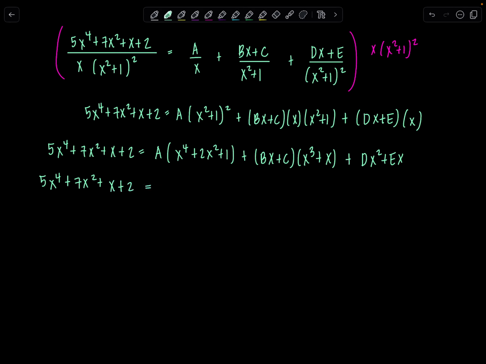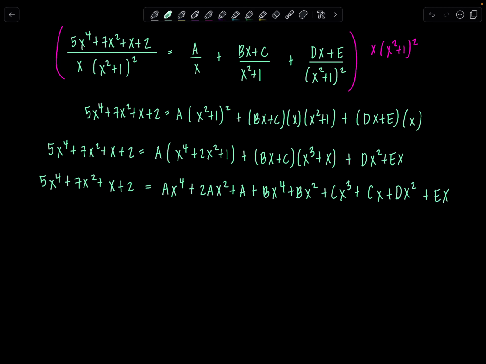Even though we have 5 constants, A, B, C, D, E, it all falls into place nicely. You'll see. So Ax to the fourth plus 2Ax squared plus A plus, let's FOIL here, Bx to the fourth plus Bx squared plus Cx cubed plus Cx plus Dx squared plus Ex.